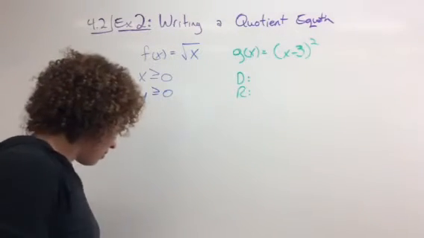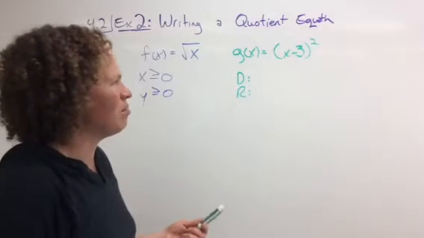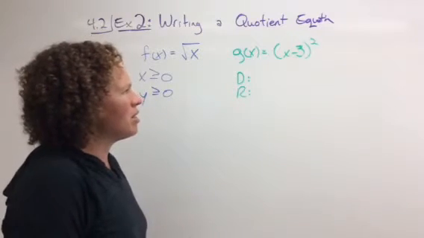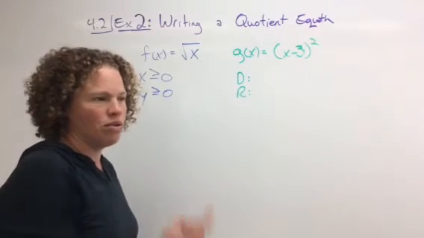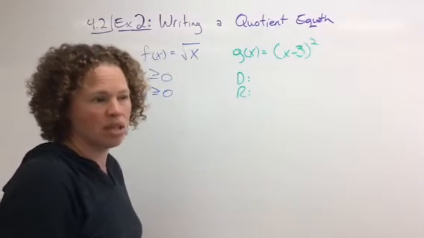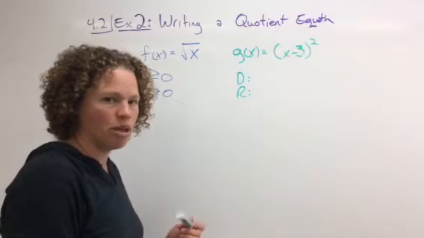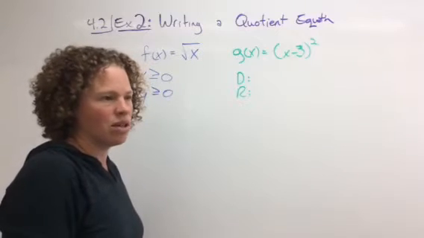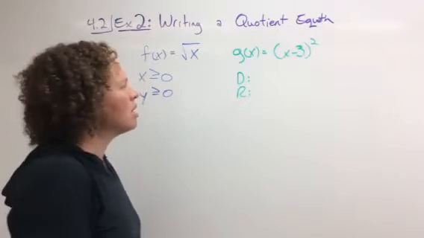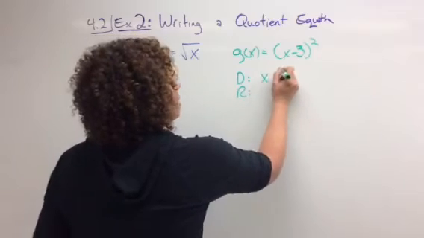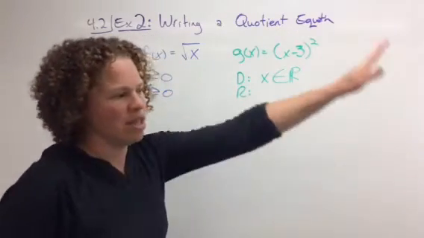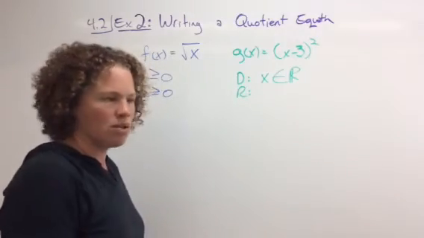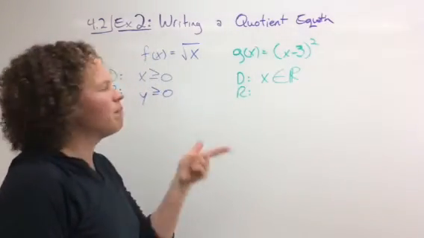On to the other one. It's a little bit more complicated, but not much. We've got x minus 3 squared, so you know that's just a quadratic function that's been moved 3 spaces that way. You can plug it into your calculator and have a look if you want to, but for the most part, it's just like all the other quadratic equations we've been dealing with. So we know that the domain is all real numbers because it's just that big, nice parabolic swoop that goes on forever this way.